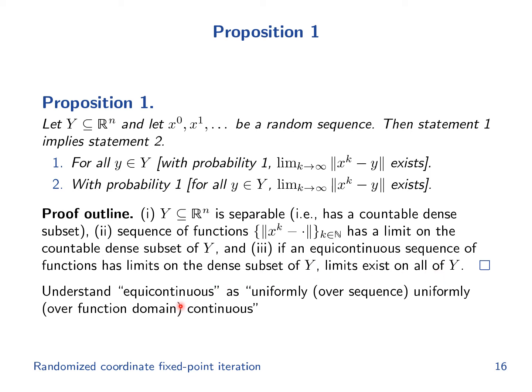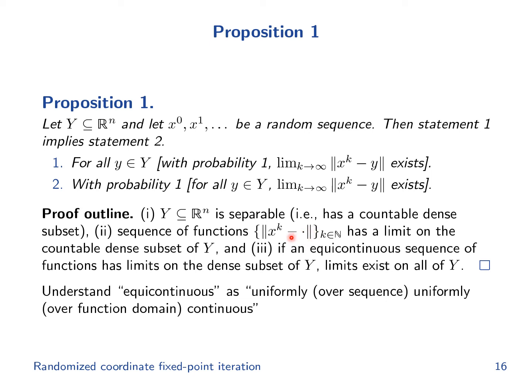By equicontinuous, we mean this sequence of functions is uniformly continuous. The second uniform is the standard one. It's applied to the points in the domain of the function. That is, for fixed k, look at this function in Y, and it is not just continuous at any point Y, it is uniformly continuous.